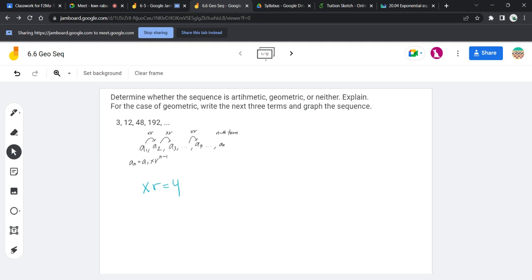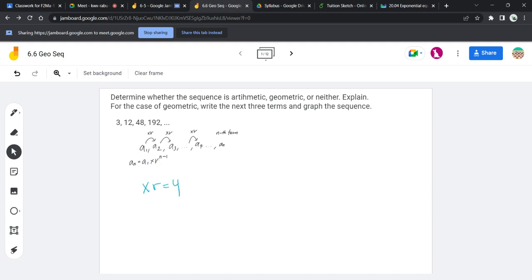So this multiplication by r gives us a general form for each term. So an, the n-th term, would be the first term multiplied by r to the n minus 1.